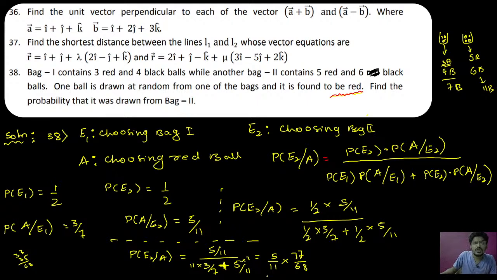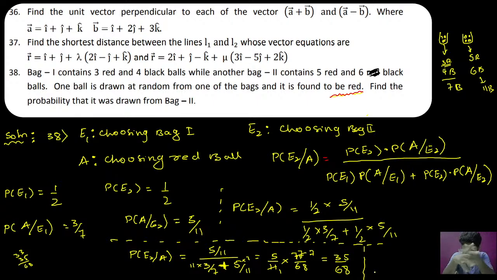Clear? So here you can just cancel, 77 is 11 into 7. Therefore 35 by 68 is our answer. Okay.